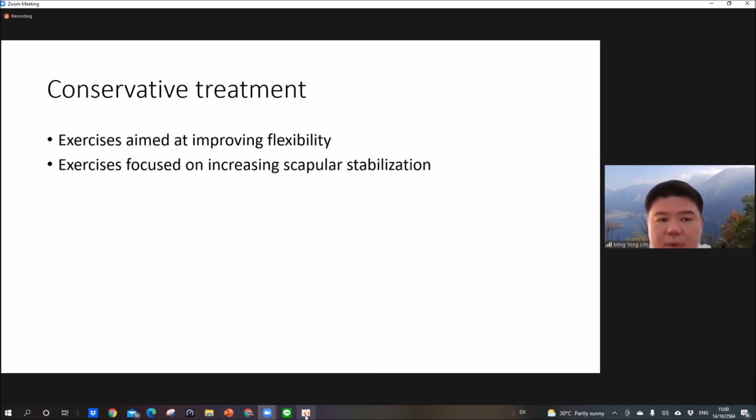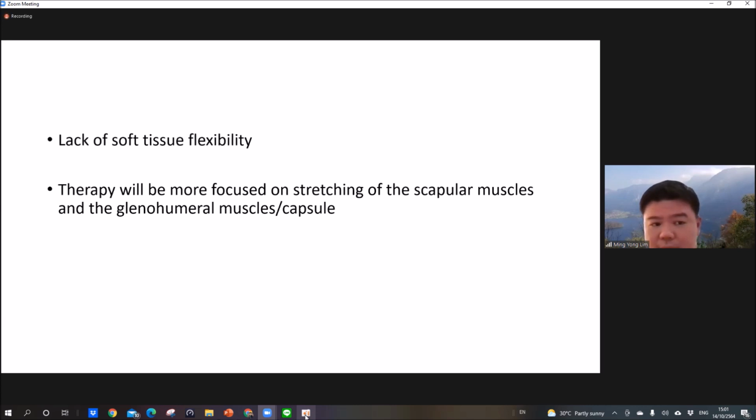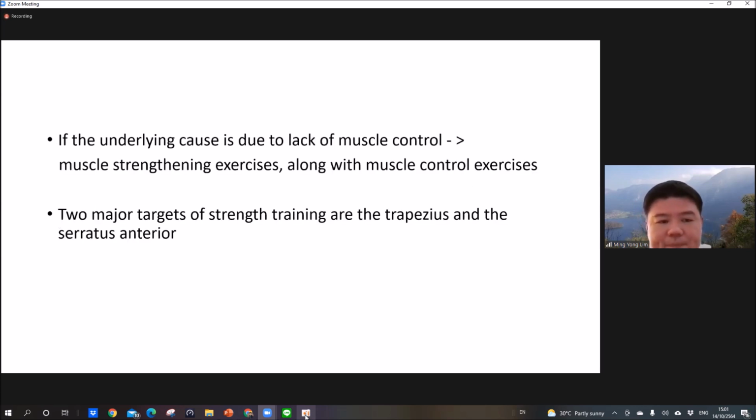For treatment, conservative treatment is basically the mainstay, and there are two kinds of exercises. First is exercise aimed at improving the flexibility of the joint, and second is focused on scapular stabilization or muscle strength. If there is a lack of soft tissue flexibility, physical therapy will focus more on stretching the scapular muscles and those around the joint.